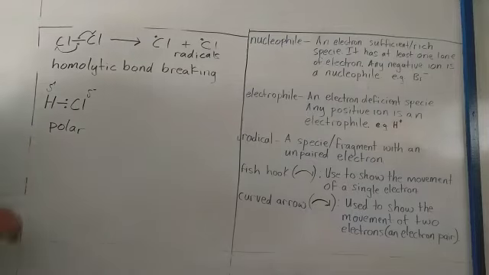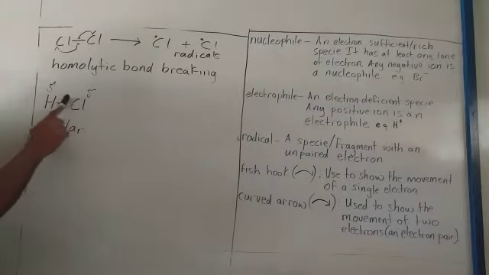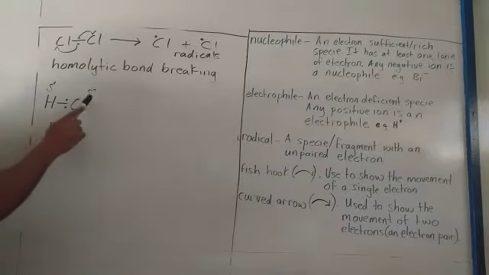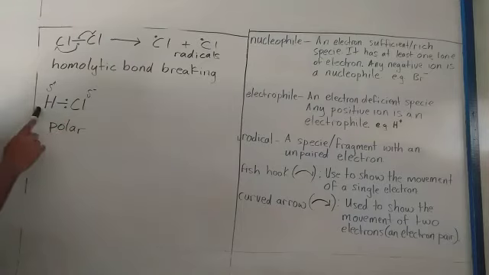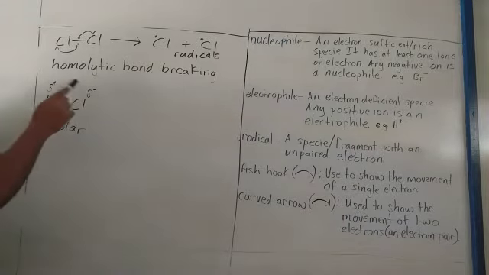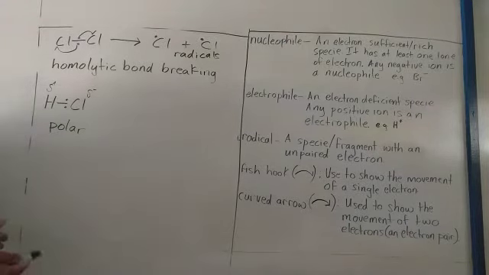However, in HCl, chlorine is electronegative, therefore it pulls the electrons closer towards itself, increasing the electron density around it. Therefore it has a slightly negative charge. The hydrogen on the other hand is electron deficient, so it has a slightly positive charge. You have two poles existing in the molecule, so the molecule is polar.